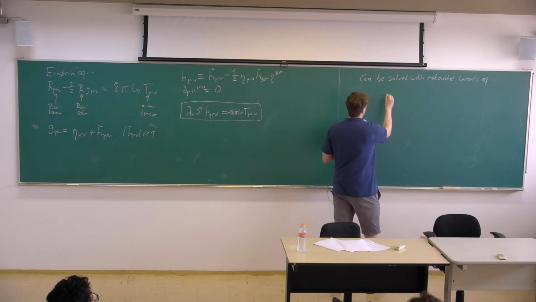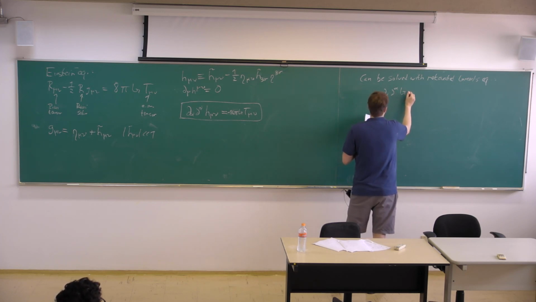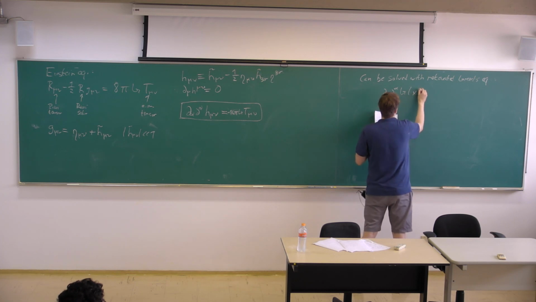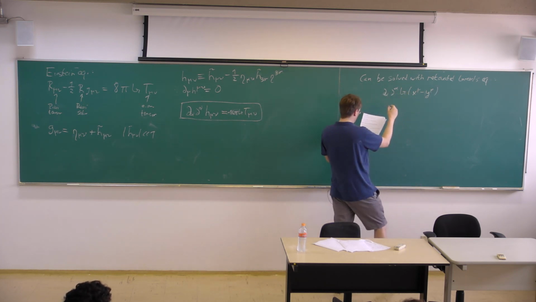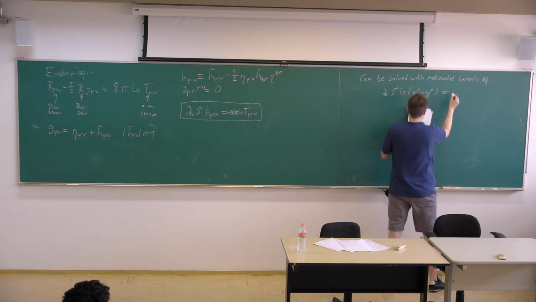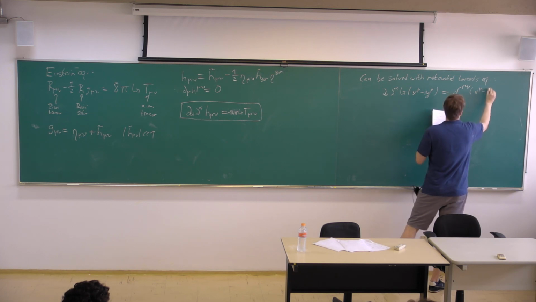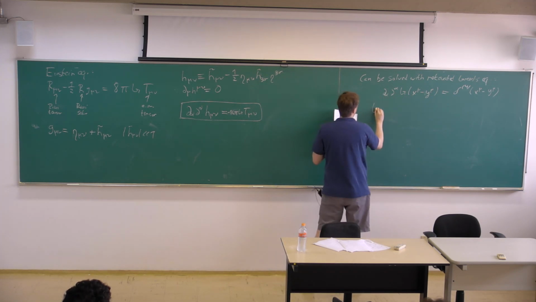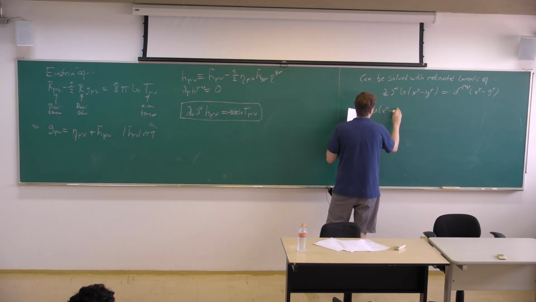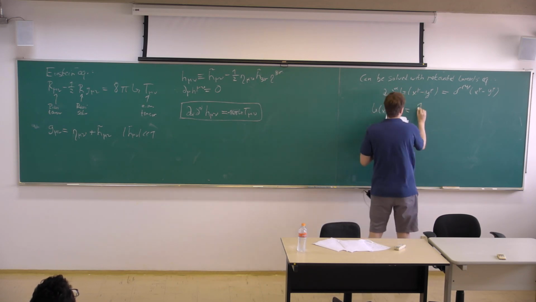The Green's function is defined as the function satisfying the wave equation, where the derivative acts on x, with the delta function as source. This is done in every electrodynamics lecture. You find that this is given by 1 over 4 pi.